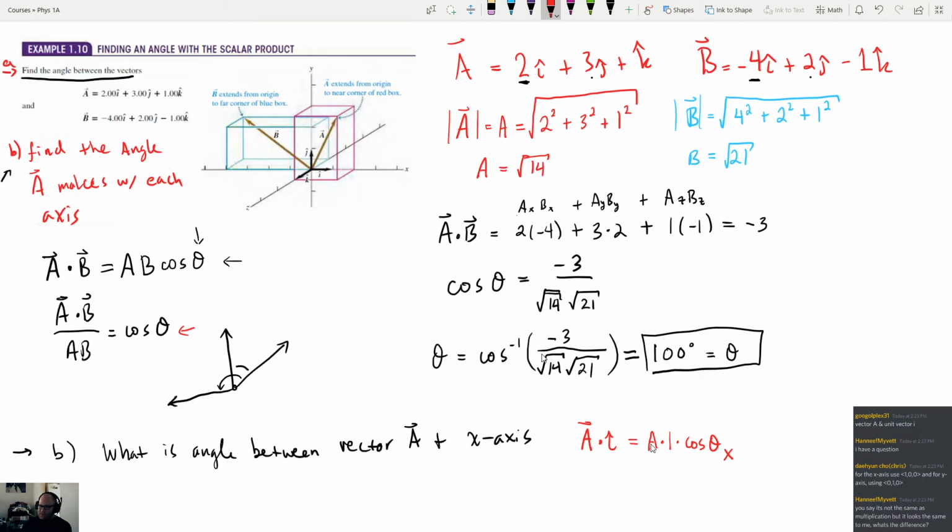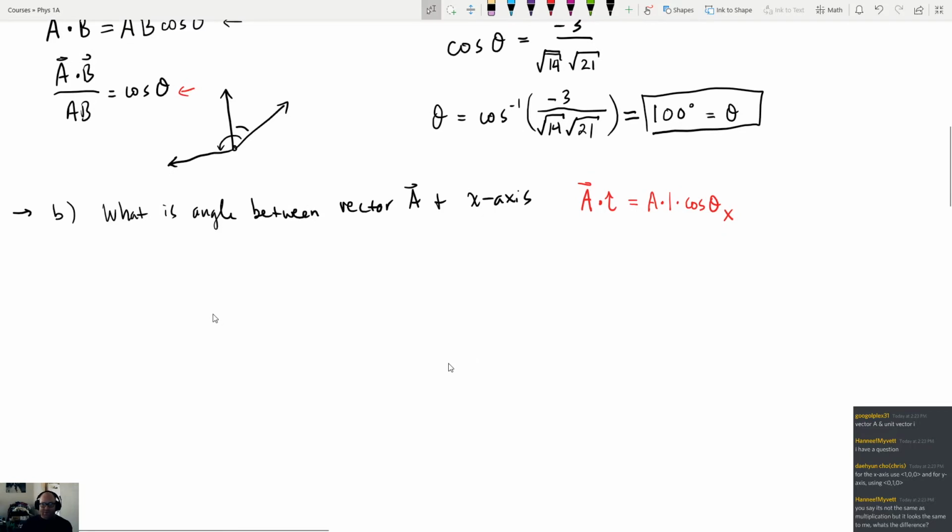Okay, Hanif says, you say it's not the same as multiplication, but it looks the same to me. What's the difference? Let me just come down here a little bit and I'll show you something. Suppose that I had the following expression, 5x plus 3y plus 2z, and I wanted to multiply this times another polynomial like 2x plus y plus z.